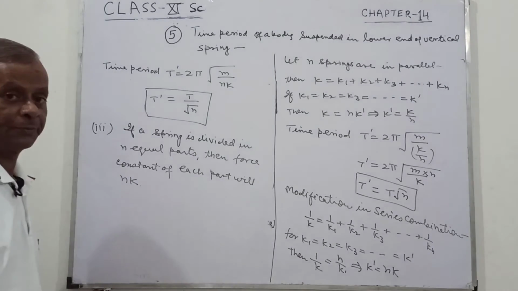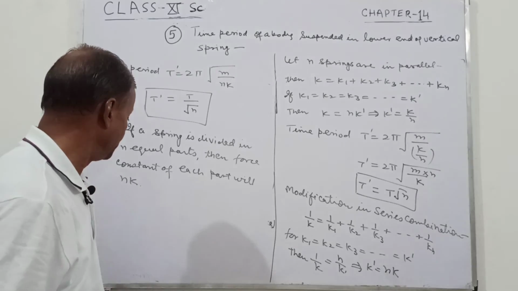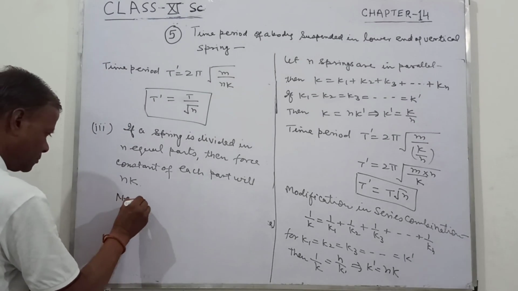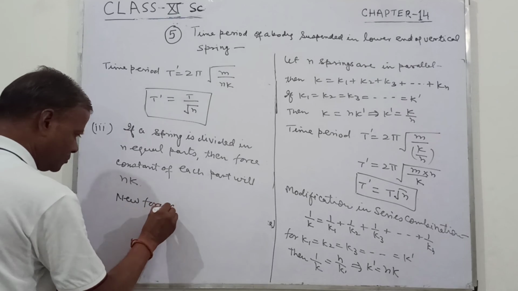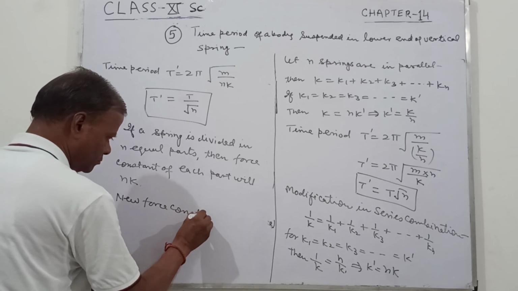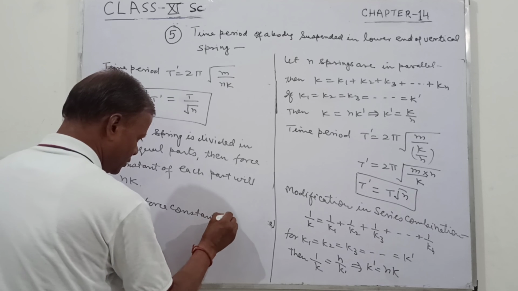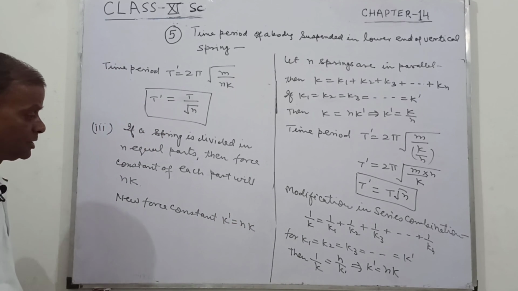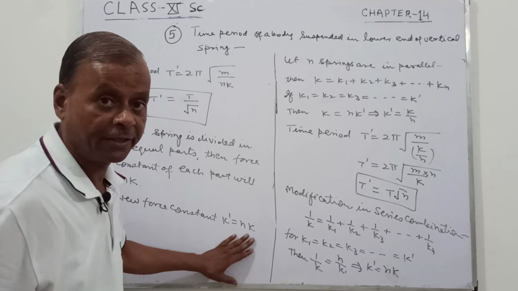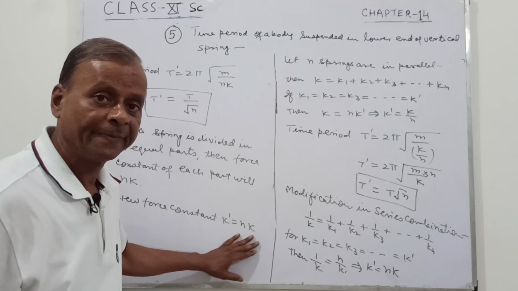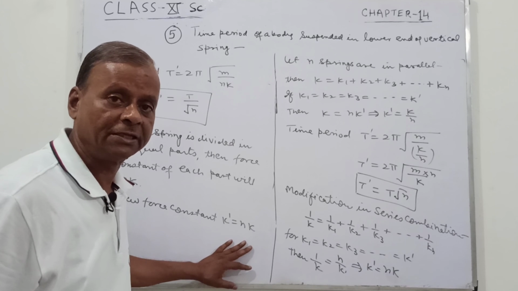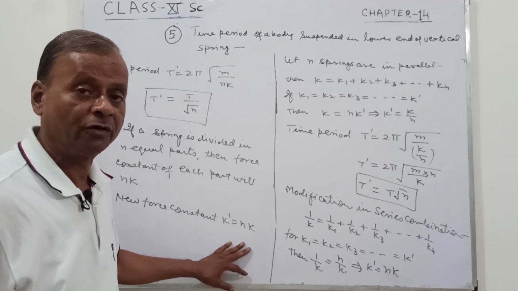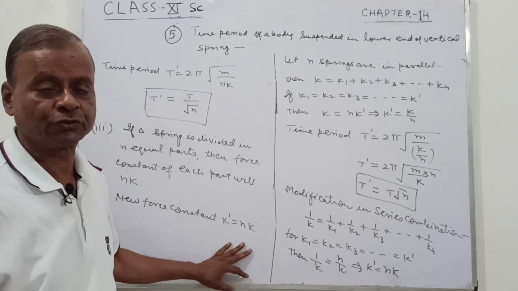So if suppose this is in two parts, then this new force constant K dash equal to nk. Suppose the spring is divided into two parts, then each part will have a force constant of 2k. If divided into three equal parts, then the force constant will be 3k. So this is n times the initial value of the force constant.